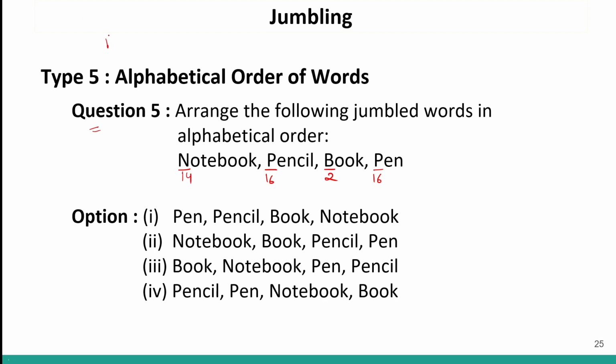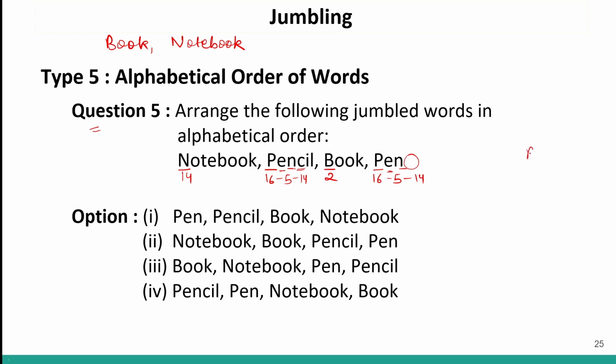So first will be book, then I'll have notebook. Now, pencil, pen, the first letter is same. Let us look at the second letter, E. So 5 and 5 here also. Then we have N. So 14 and 14. So now we'll move on to the next letter. We do not have a next letter here, and over here we have a next letter.